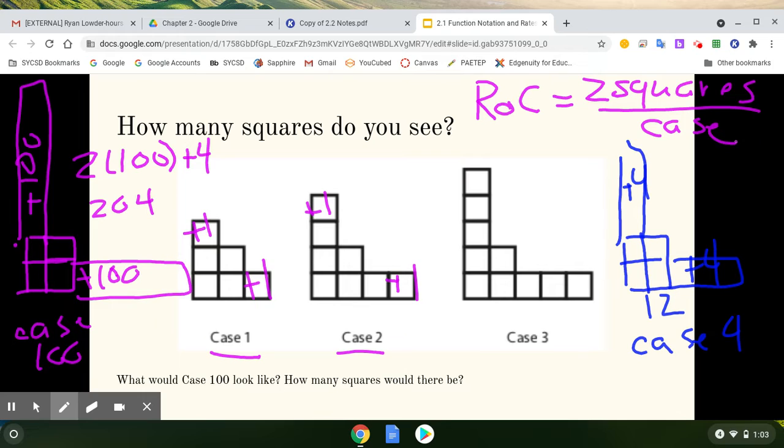So our next question, we've figured out the number of squares for all these different cases, but can we generalize this idea? And what I mean by that is how many squares are there in case x. So can you come up with an expression that involves the variable x that would tell us how many squares there are?